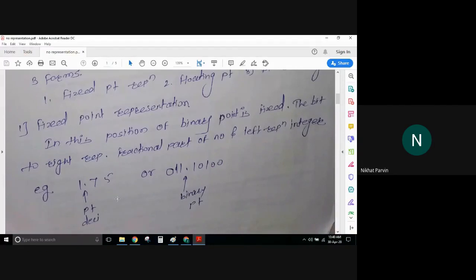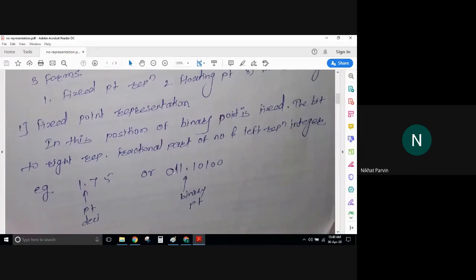In that, we are programming your register in such a way that the first 4 bits you consider as the integer part, the next 4 bits as the fractional part, and throughout, the position of that point will be fixed. It will not be changeable. So that is what we call a fixed point representation. In case of binary representation, you can see this is your binary point.